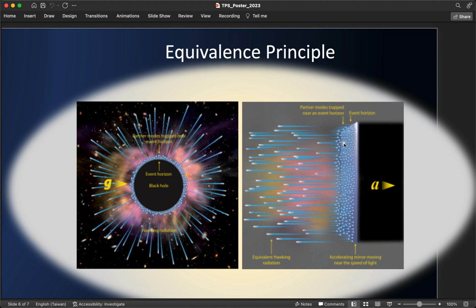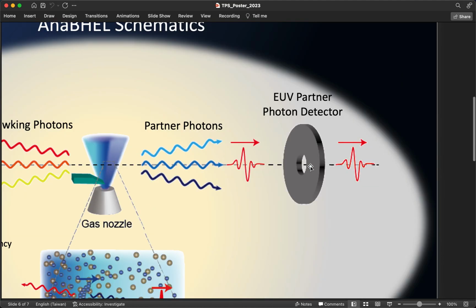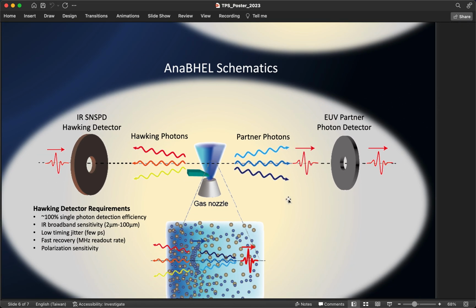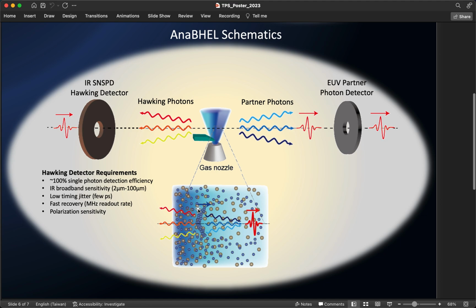So creating a high acceleration would cause a similar effect, where we have the event horizon of the mirror here, capturing the partner mode and evaporating the Hawking radiation. And this is how we would like to do the Annabelle experiment.